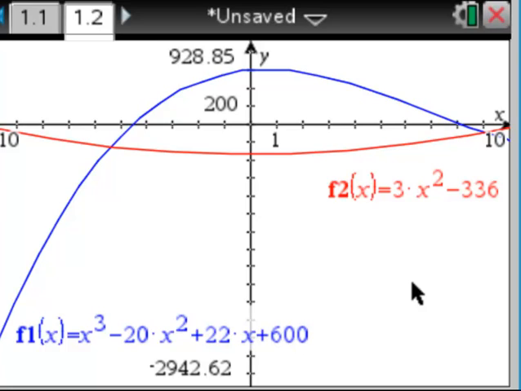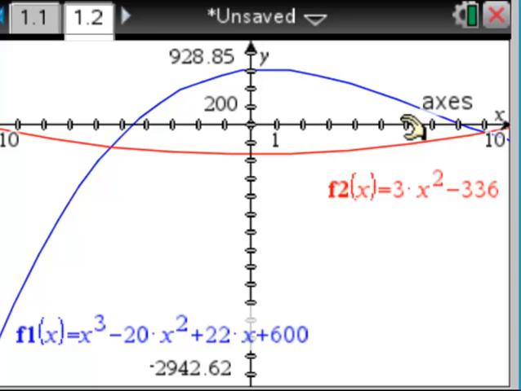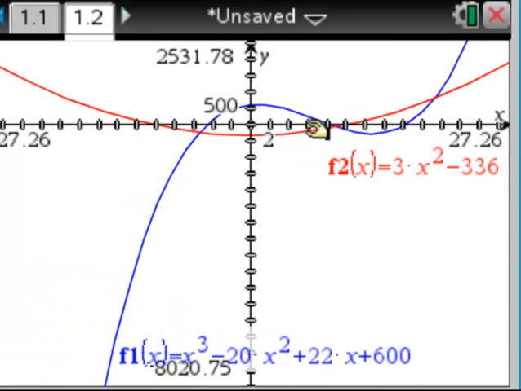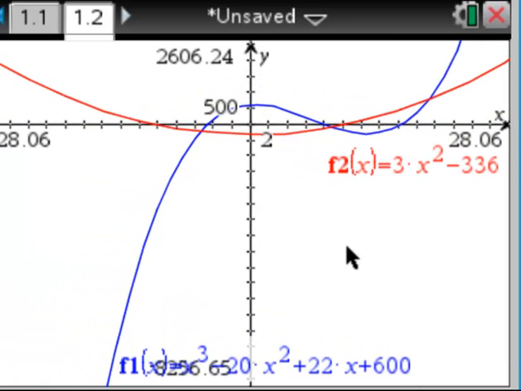Now we start to realize that the red one is our parabola, the blue one is our cubic function, so it certainly looks like there's going to be more region to the right that we need to concern ourselves with. I'll just grab the axes and pull over. Now it's in sight, and I know there are no other bounded region sections missing because we've anticipated the shapes of these two functions, and we're seeing all of what could be bounded.